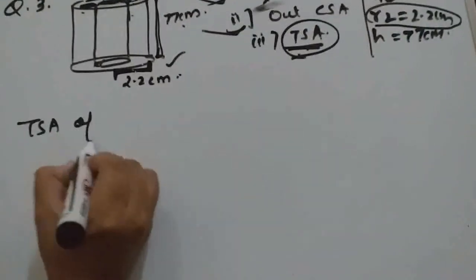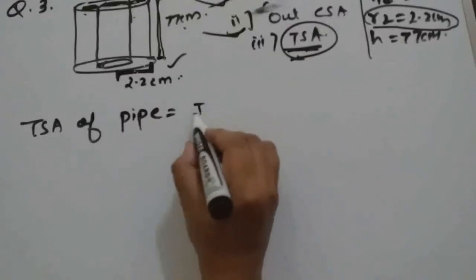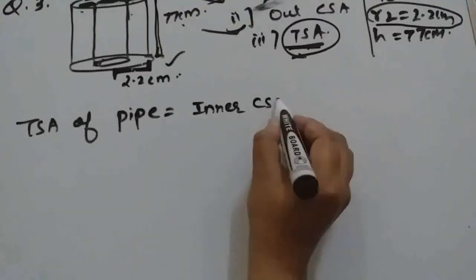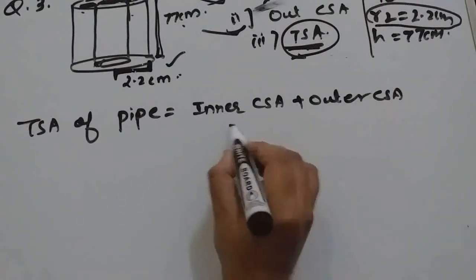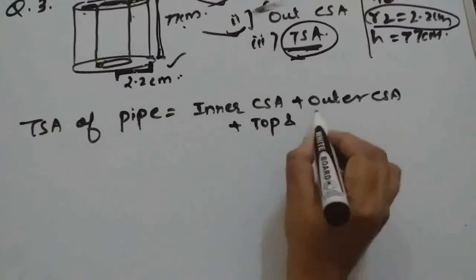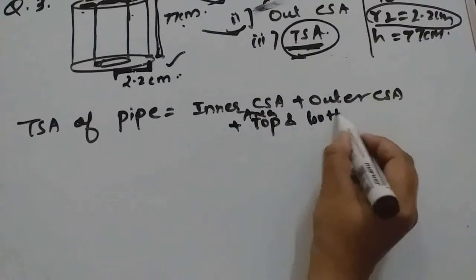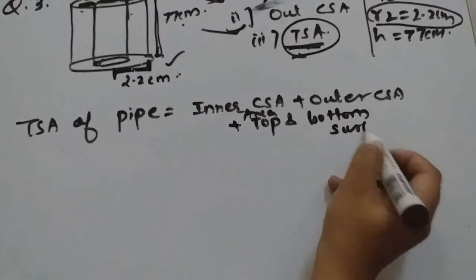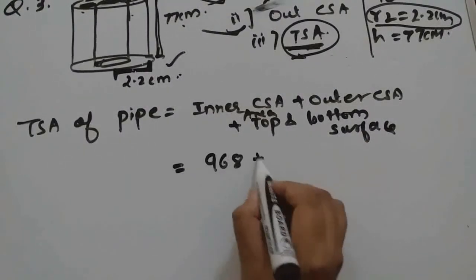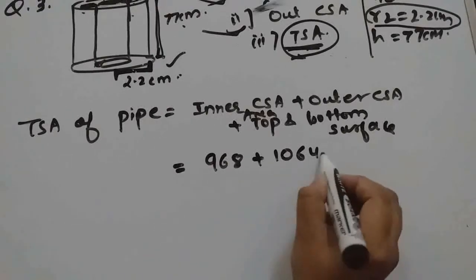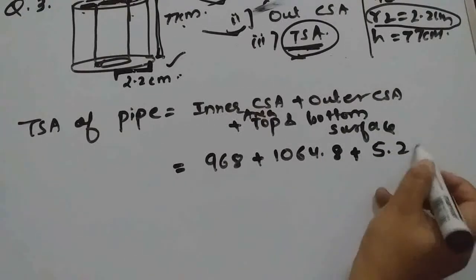TSA of pipe we can write inner CSA, outer CSA plus area of top and bottom surface. Okay, so this we got 968, second one we got 1064.8, and now we got 5.28.